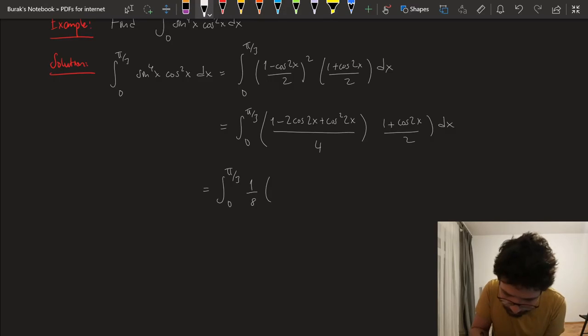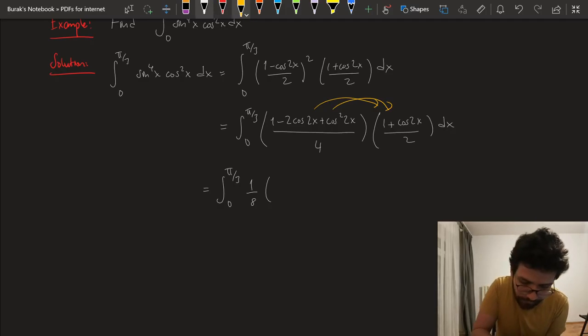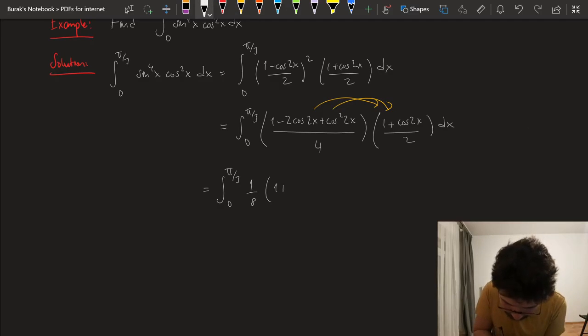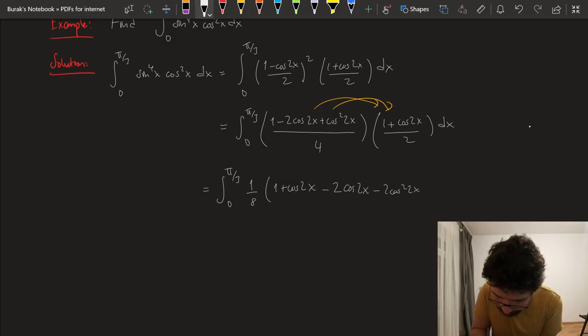I'm going to get 1 plus cosine 2x minus 2 cosine 2x minus 2 cosine squared 2x plus cosine squared 2x plus cosine cubed 2x dx.